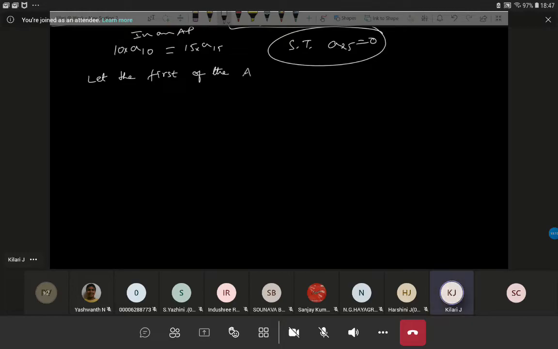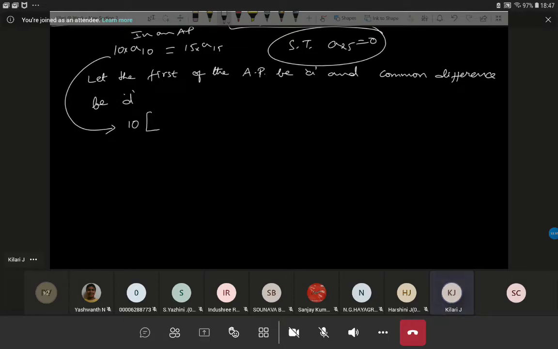Let the first term of the AP be A and the common difference be D. Now, by rewriting the above equation in terms of A and D, we'll get it like this. 10 into the 10th term, and what is the formula for the nth term of an AP?